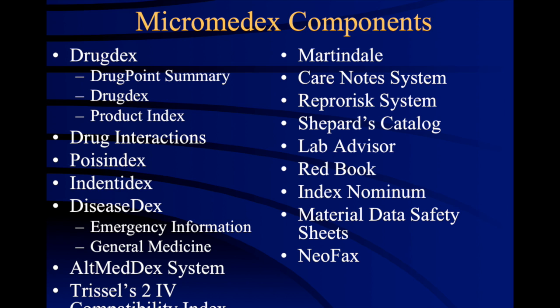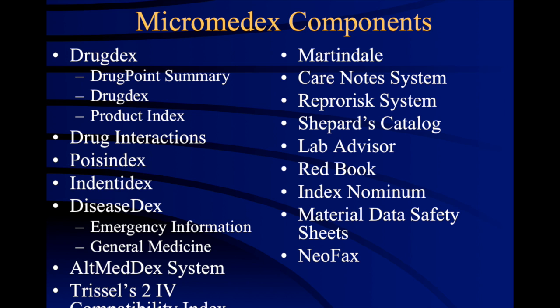You have CareNotes, patient information sheets, REPRORISK system, Shepard's Catalog, which are specific to use of drugs in pregnancy and lactation. You have Lab Advisor, the Red Book, which is for cost, average wholesale price, Index Nominum for usual chemical names for all medications, and then material safety data sheets, and you have access to Neofax.